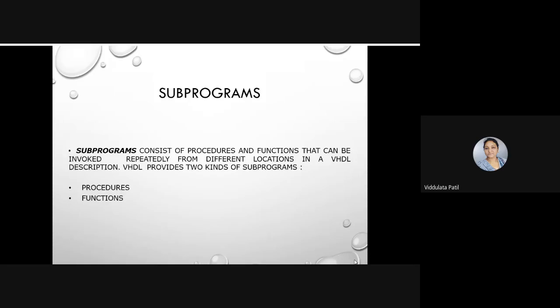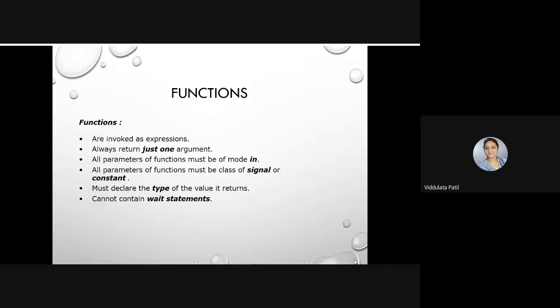Now we are going to discuss functions. But before that, in subprograms, actual values are passed to and from a subprogram via a subprogram call. Remember that we can pass these actual values to the subprogram or from the subprogram via a subprogram call, which will be in the main program. Only a signal object may be used to pass these values.